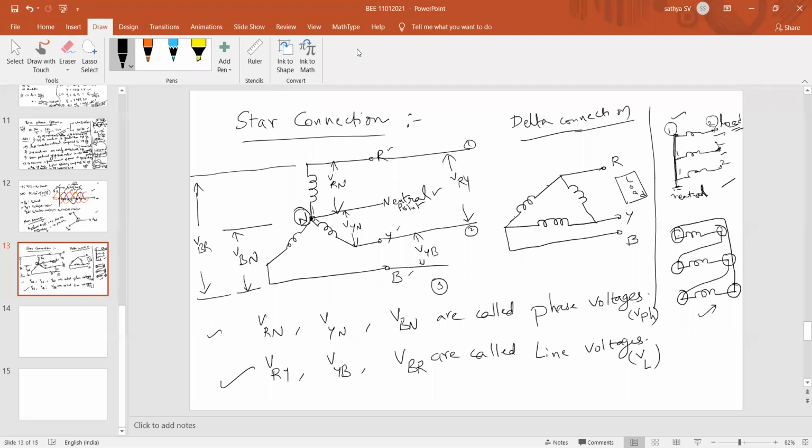Line voltage is the voltage between line to line: for the first two lines it is RY, second and third line YB, and for third and first it is BR.